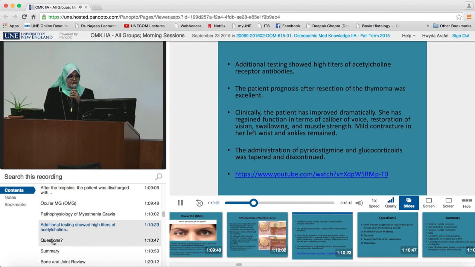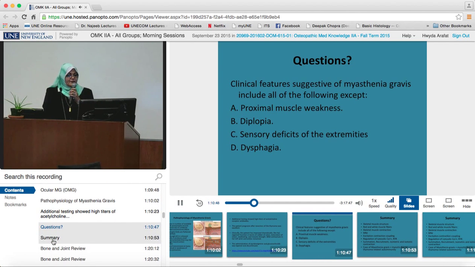So the woman was given pyridostigmine, which is an acetylcholinesterase inhibitor, to allow the acetylcholine to work on the receptors, and also glucocorticoids to reduce inflammation. This video here is showing you a patient with myasthenia gravis, to see what it means to have this gravelly voice and how it starts.